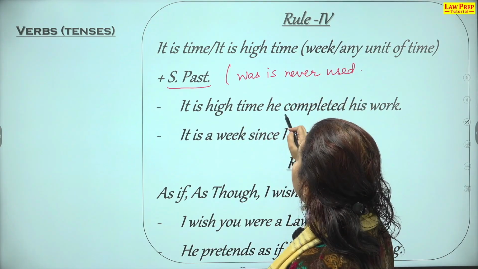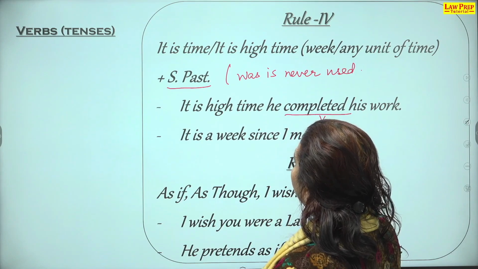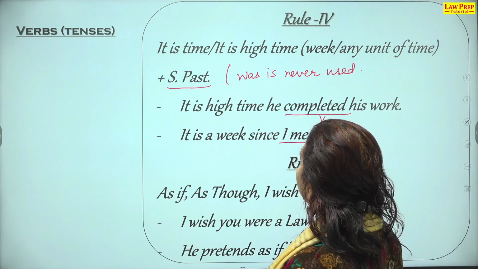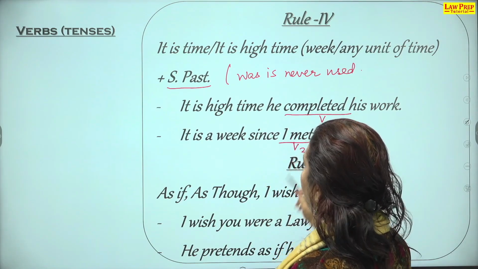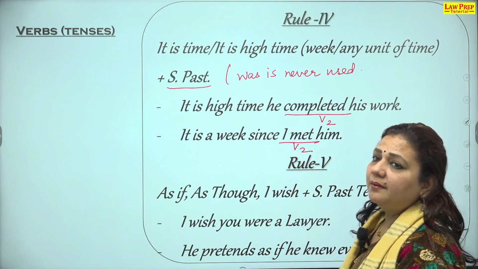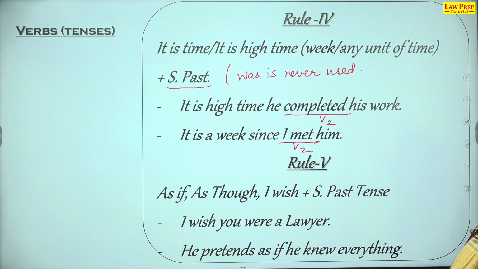It is high time he completed the task, verb second form. It is a week since I met him, very important sentence. It is time you paid interest in your career. It is high time he had a pen to write with.